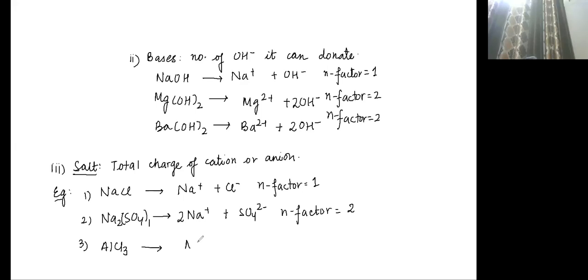It will be Al3 plus, just cross multiply, and Cl will be 3Cl minus. So N factor will be equal to 3. Now copy this, then I'll give you a few more salts and you'll try to write down their N factor.